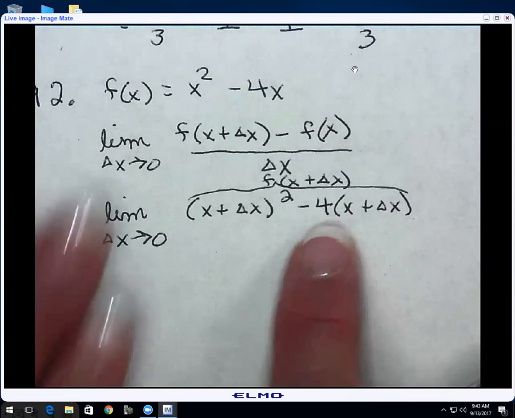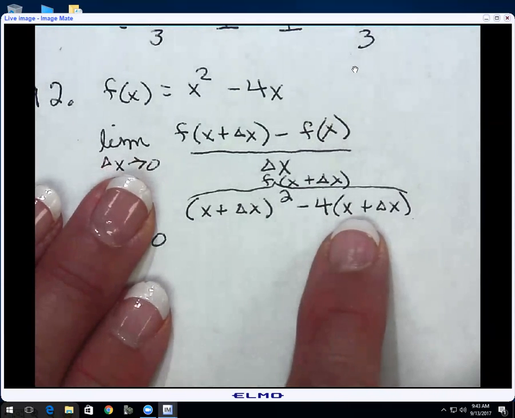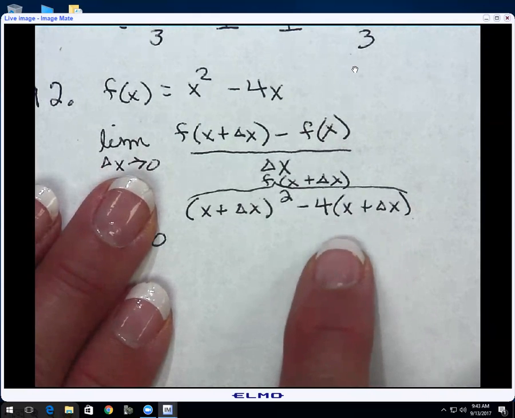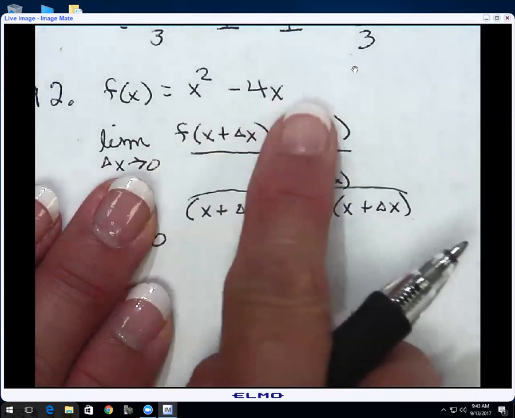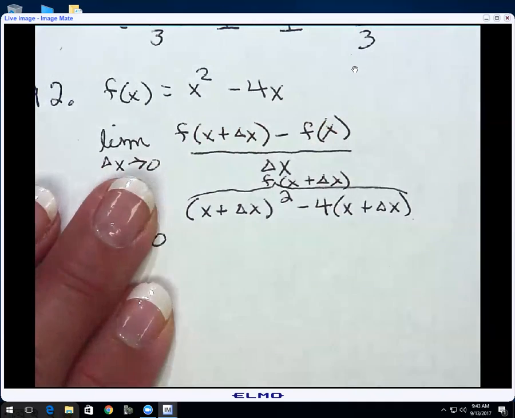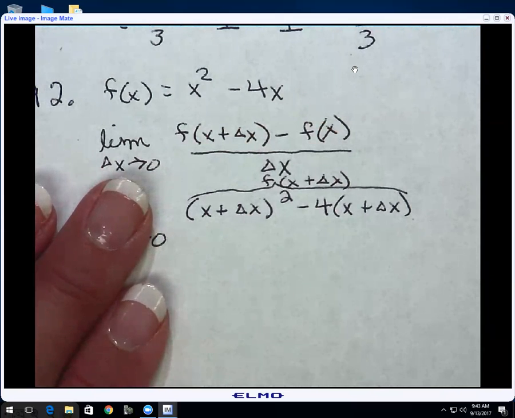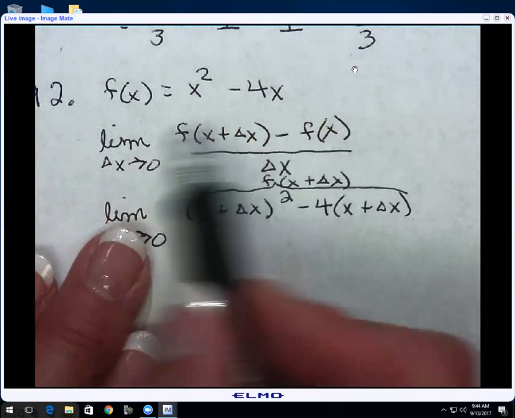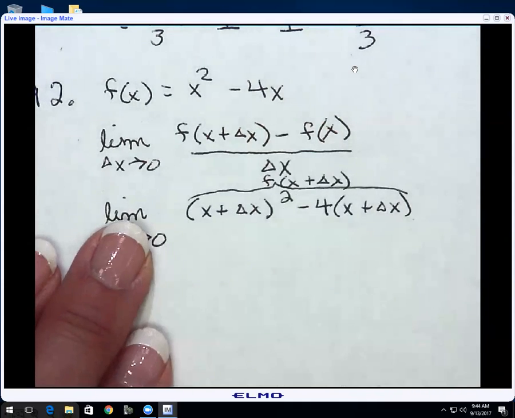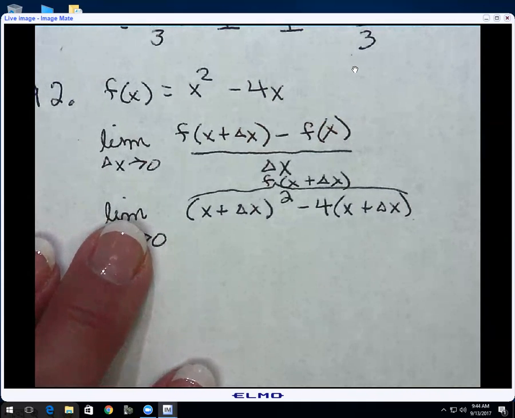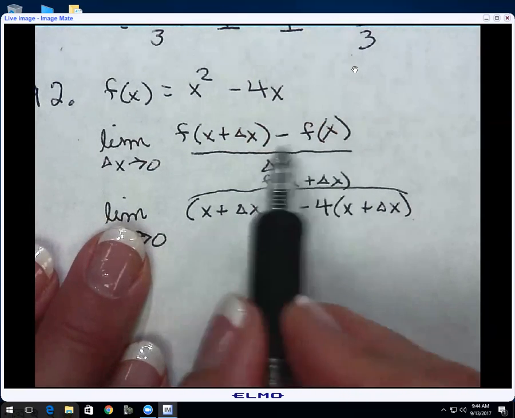Everything that I've written so far in the numerator is what I obtained by putting x plus delta x in place of x in the function f. What does the recipe tell us to do now? This is the recipe. Subtract f of x is what the recipe is saying.